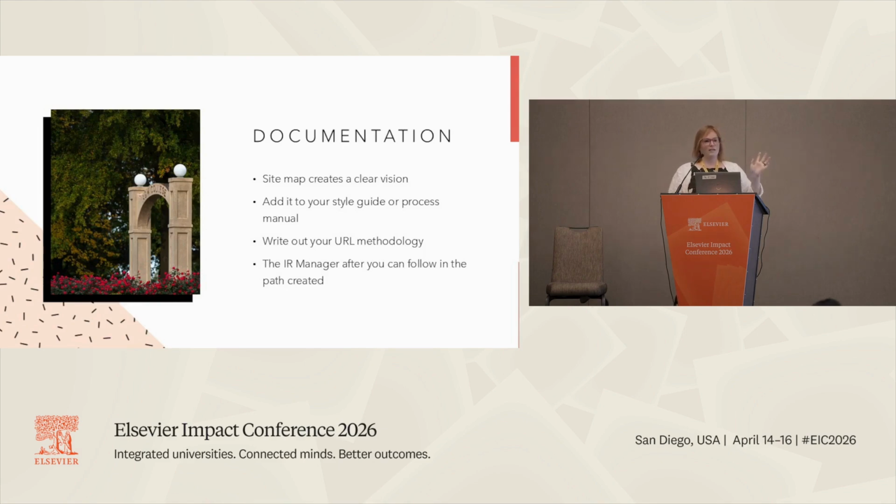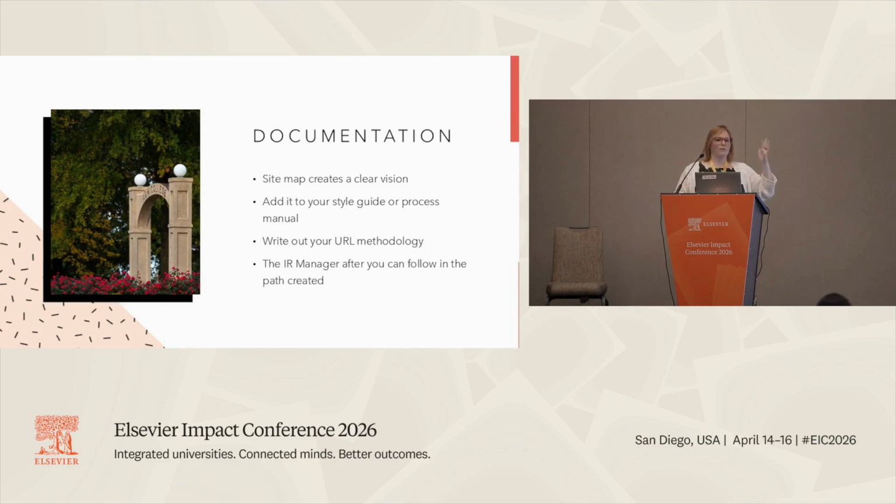Now, the last thing here is going to be documentation, because if you're setting up all of this schema and you want people to use it in the future, or you want to be able to trust other people to use this who are around you, they have to know what the heck they're doing. Otherwise, it's not going to matter. So a sitemap is really helpful to show people that overall structure.